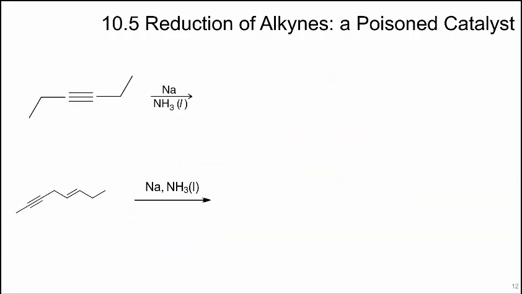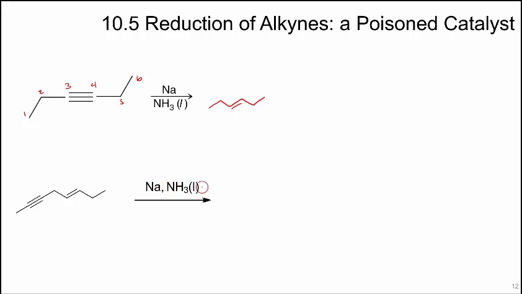If we look at a couple of reactions with a poison catalyst, we have sodium, which is our reagent that will give us the trans or E double bond. You can just count the number of carbons. There's 6 there. And the double bond starts at 3. So that would be the product there.